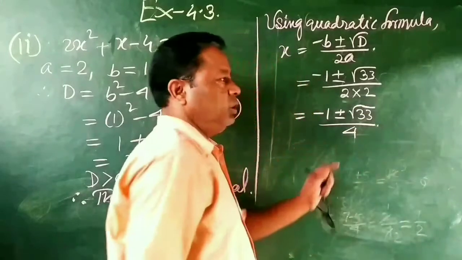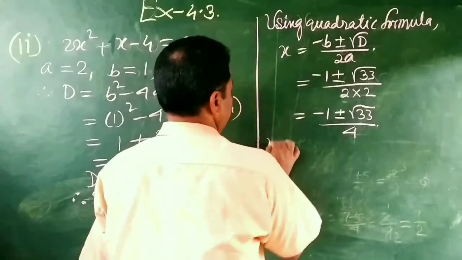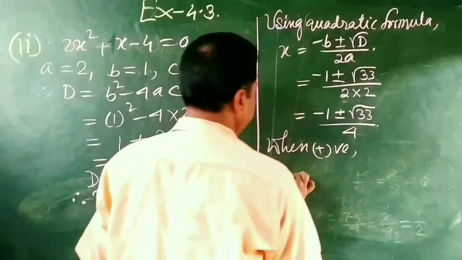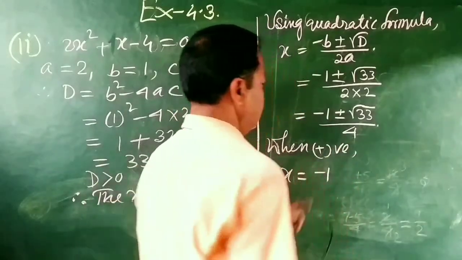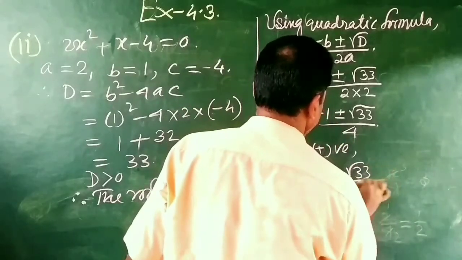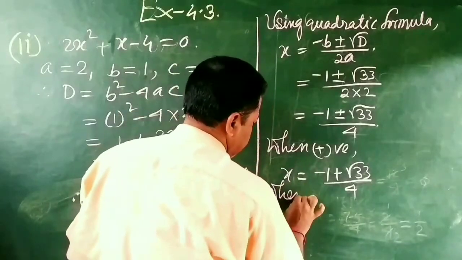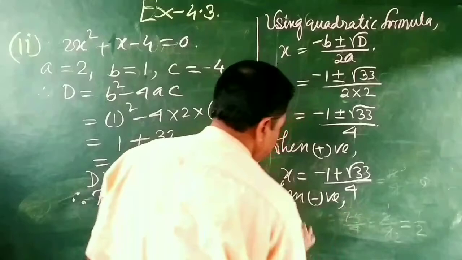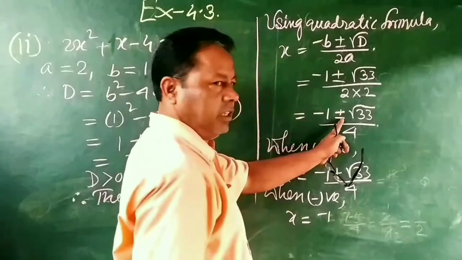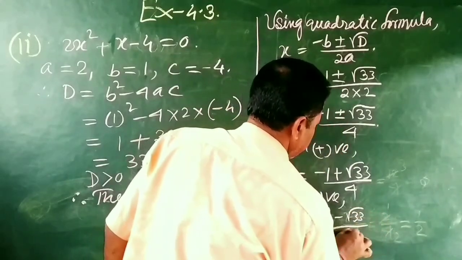Now there are two signs, plus and minus, so we need to keep them separately. Then we will separate them. When positive, the value for x is going to be minus 1, and the positive value only we take, that is plus root 33 by 4. When negative, x is equal to minus 1, and the negative value we take now, minus root 33 by 4.